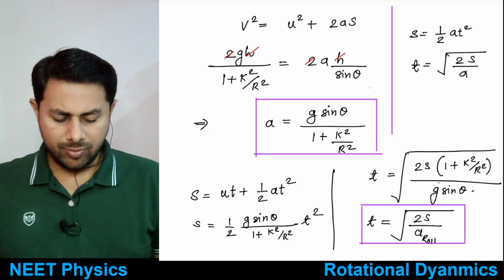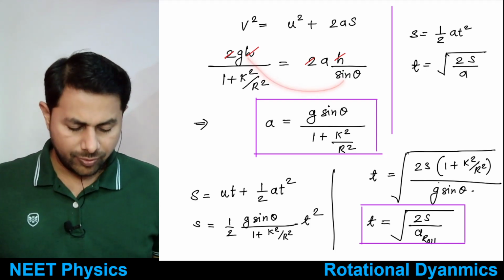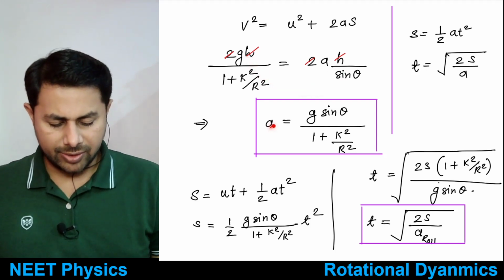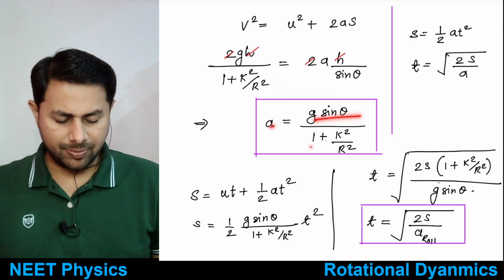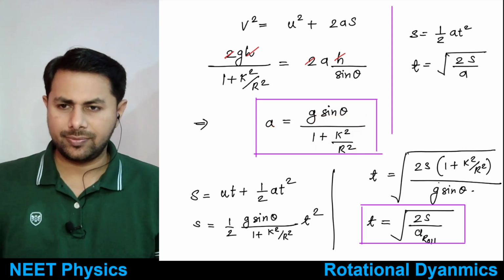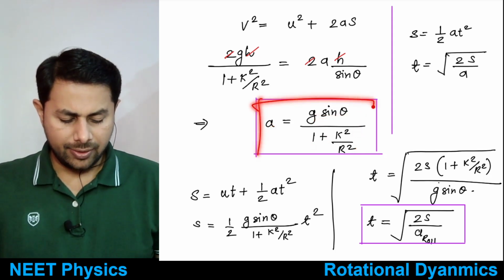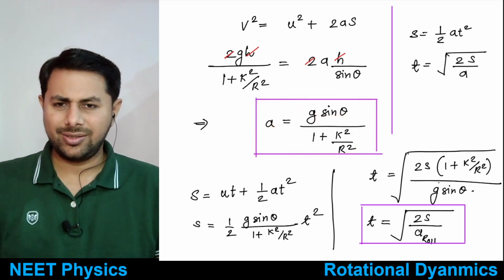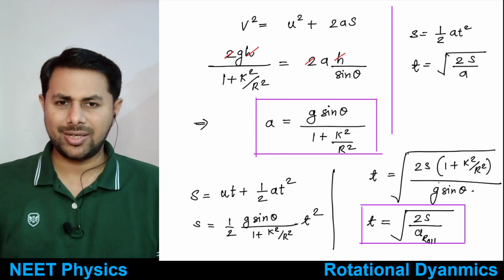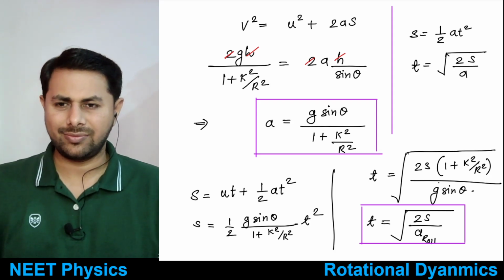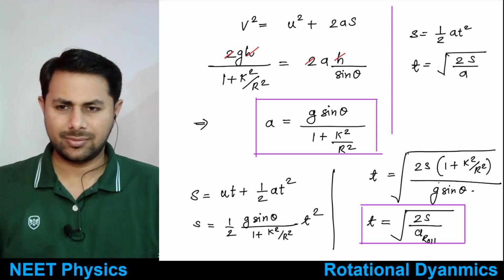Move sine theta to that side, and we get a is equal to g sine theta divided by 1 plus k square upon r square. Is this formula clear? Right? Okay, good.